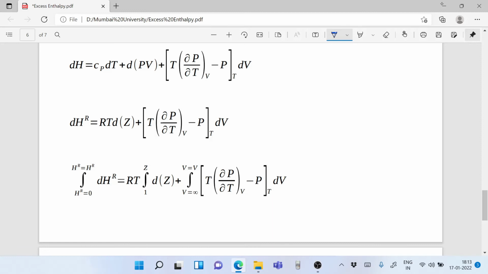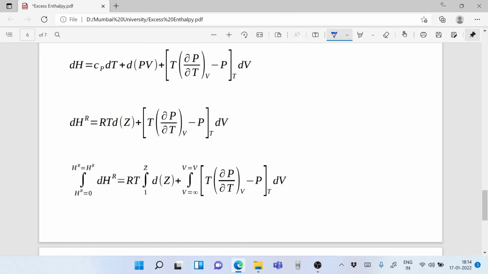Why? Because HR is nothing but the difference between the real gas enthalpy and the ideal gas enthalpy. Now, if the gas itself is an ideal gas at the base conditions, then you are going to have HR equal to 0. Now, at the temperature and pressure at which we want to calculate the enthalpy of the real fluid, HR is going to be the residual enthalpy.